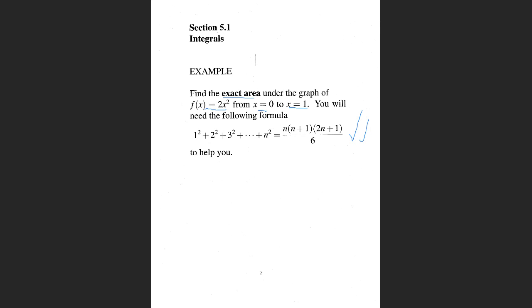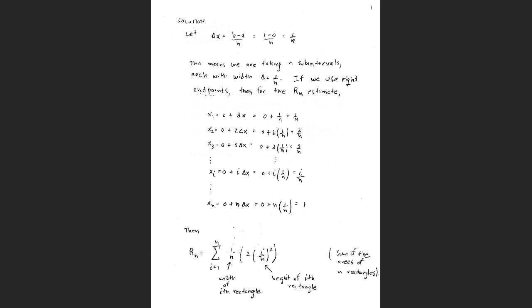Let's go ahead and look at this problem step by step here. All right. So what we're going to do in our solution here is be a little more general. The width of the subinterval, delta x, is, as you know from the previous example, the width of the subintervals.